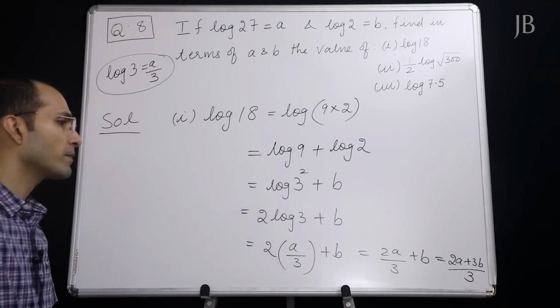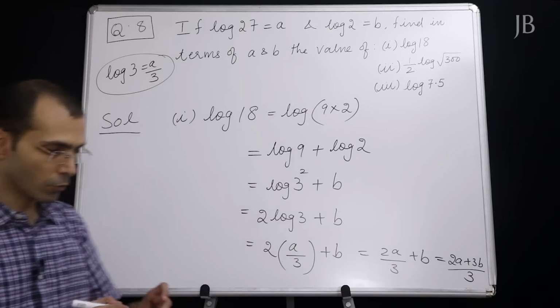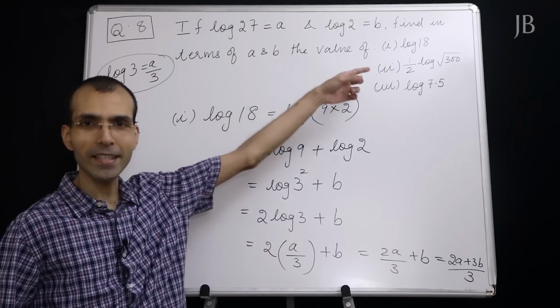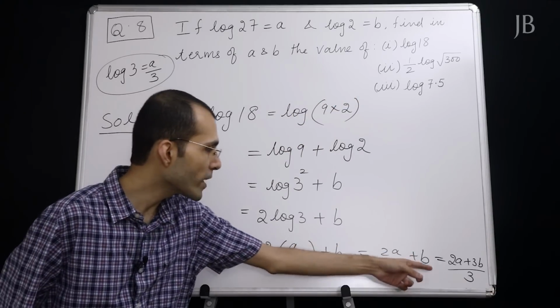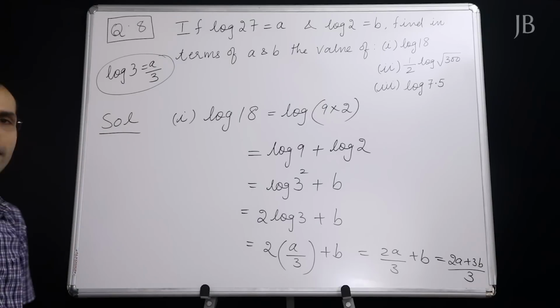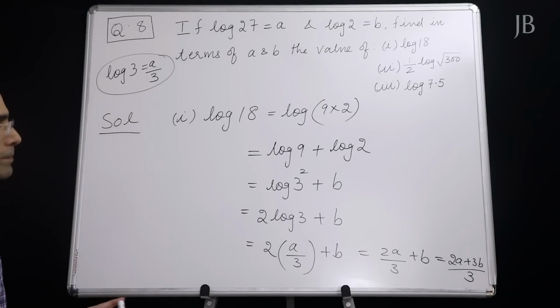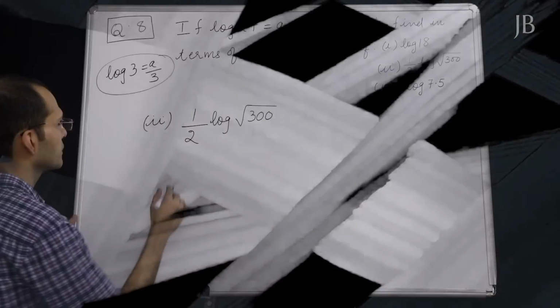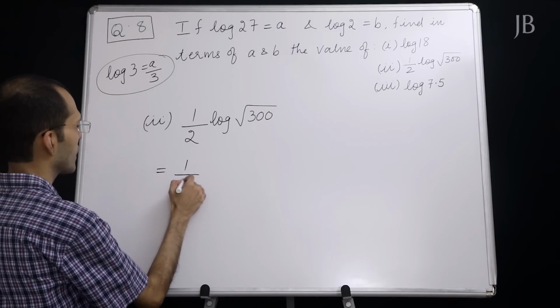This is the best form in which we can put it. So the value of log of 18 is 2A plus 3B, the whole divided by 3, under the given conditions. Comfortable with these sums? Okay.